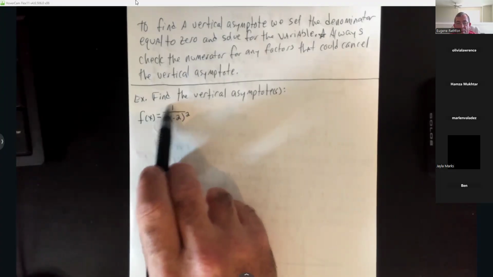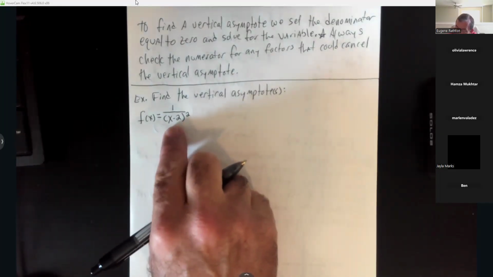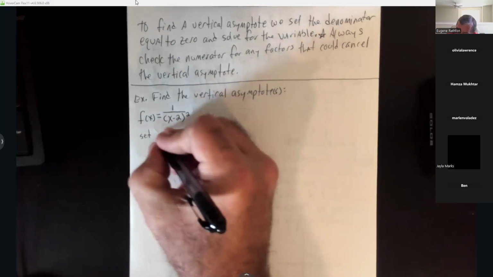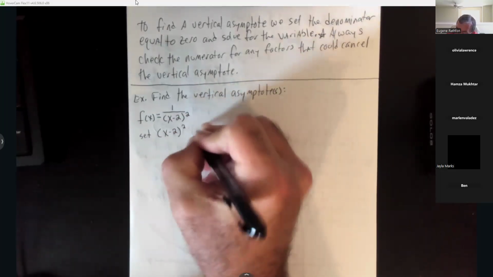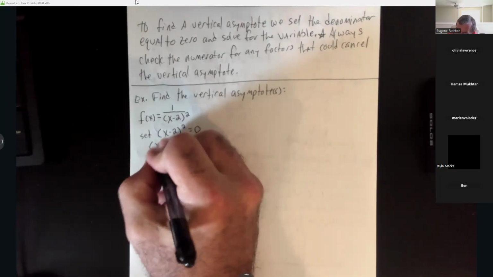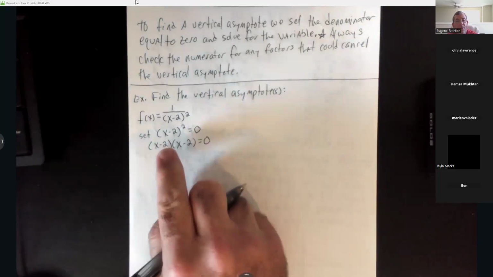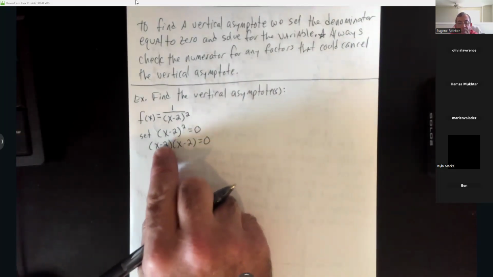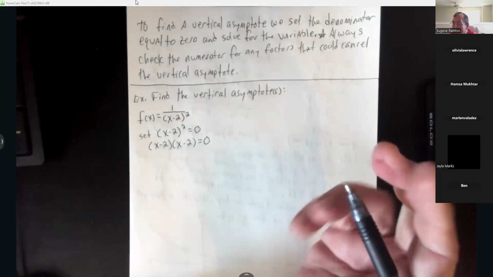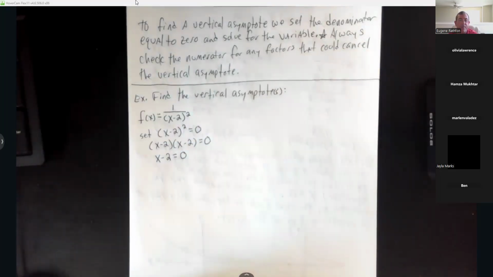There are no factors on top other than 1, so I'm not going to get anything to cancel on this one, okay? So what I'm going to do, you're going to find it just like you did the domain. We're going to set the denominator equal to 0. (x minus 2) squared means (x minus 2) times (x minus 2). So you have a repeating factor. Since we have a repeating factor, I don't have to solve both of those because they're both going to give me the same answer. So I'm just going to continue on by setting one of the factors equal to 0.